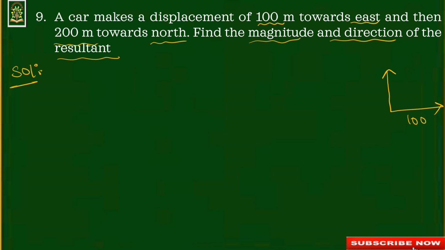Here 100 meters towards east, making an angle theta, this is the S bar, and here 200 meters towards north.